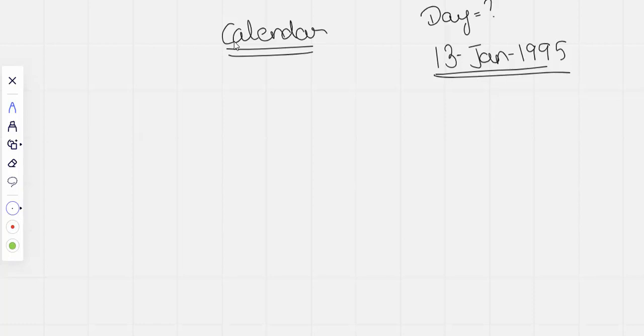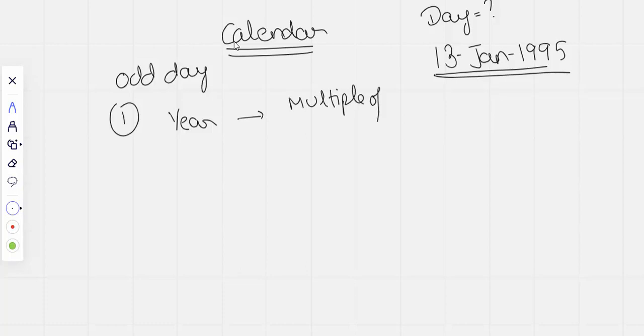There are certain concepts related to odd days. Let's say if a year is a multiple of 4, then it is called a leap year.